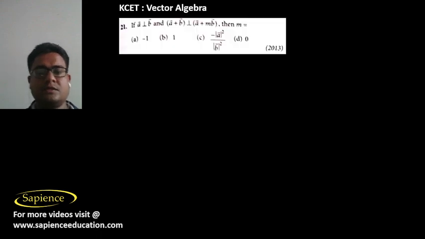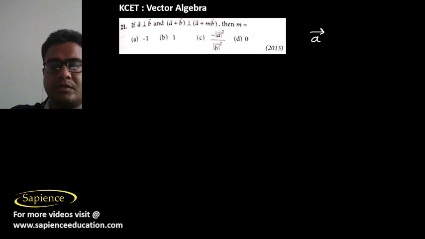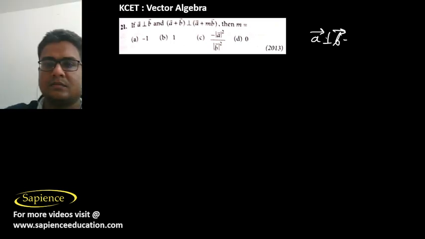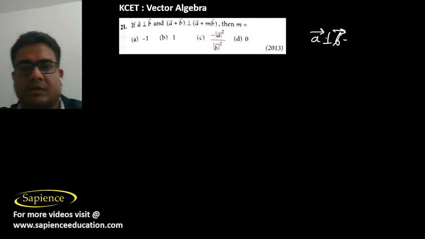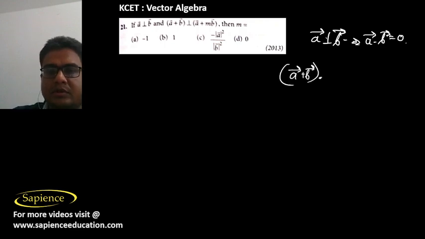And in question number 21, if A vector is perpendicular to B vector, it means that A dot B is equal to 0. And A plus B vector is also perpendicular to A plus MB, so it means A plus B dot A plus MB is equal to 0. Then what is the M value?